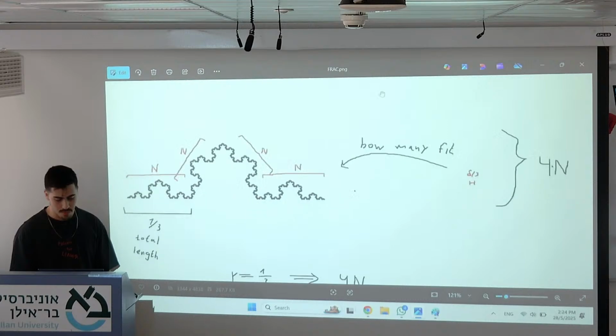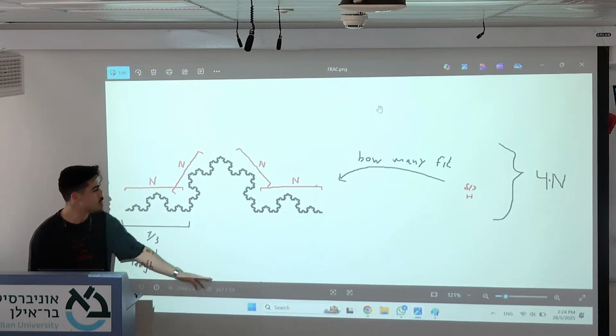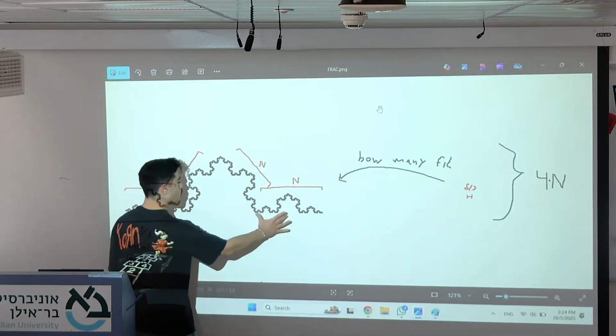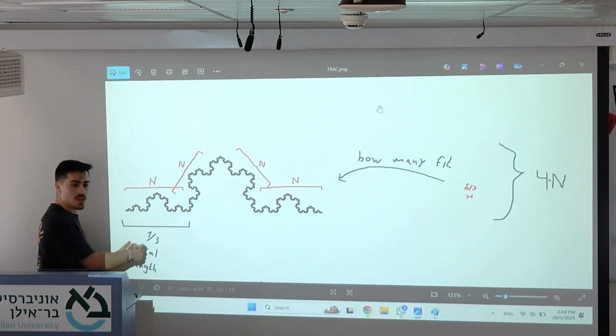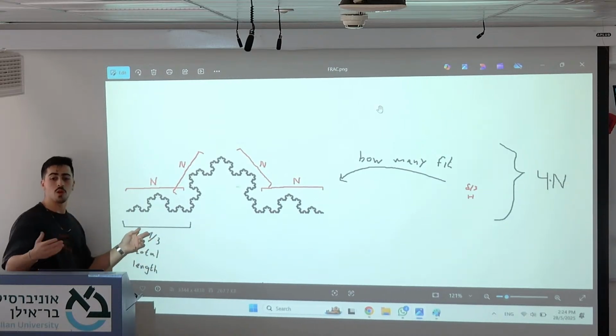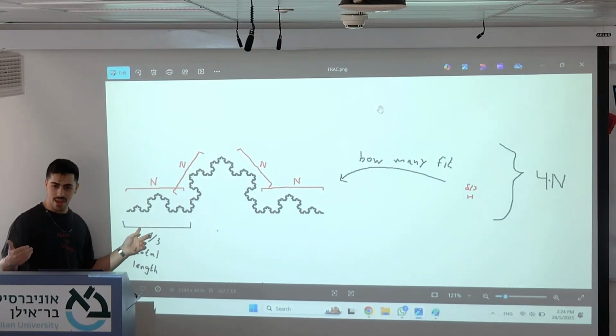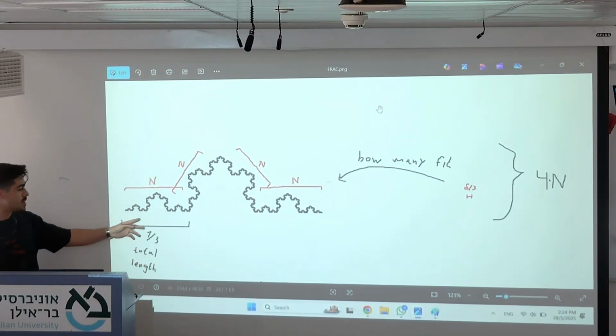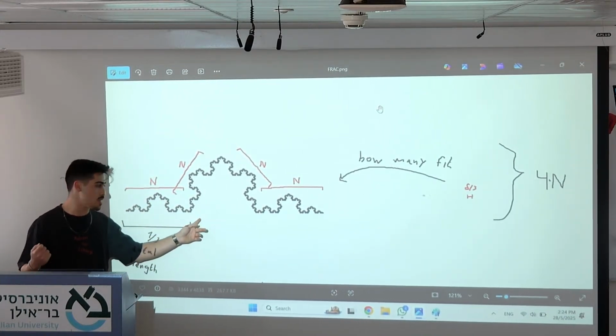But if we think about it, we make our ruler 3 times smaller. Well, every one of these segments is a third of the length, because we originally divided the line in the recursion into 3 parts. So each of these line segments has a third the length.